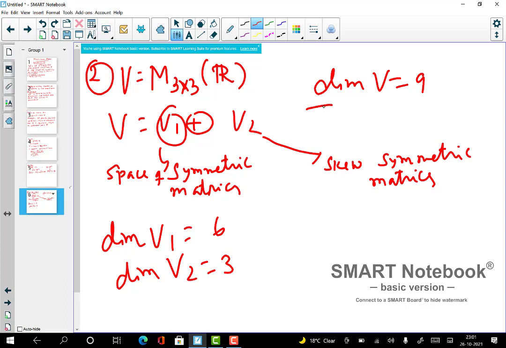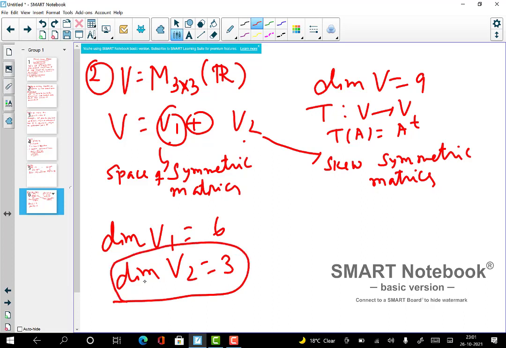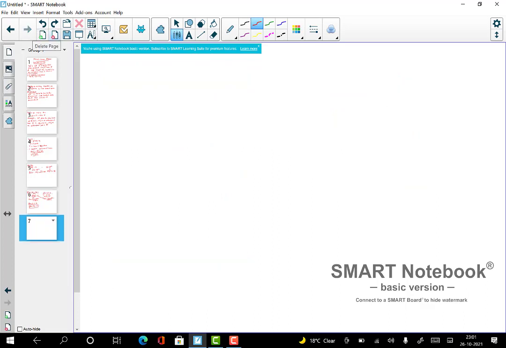So if we send the map T from V to V such that T of A goes to A transpose, then you can easily say that this map has actually two eigenvalues, plus 1 and minus 1, and V1 is the eigenspace corresponding to eigenvalue plus 1, V2 is the eigenspace corresponding to minus 1, right? So they are very special kinds of subspaces. So now the question is that V2 has dimension 3 and I know a standard vector space of dimension 3 which is R^3, right? So W is equal to, say, R^3, which is dimension 3 also, right?